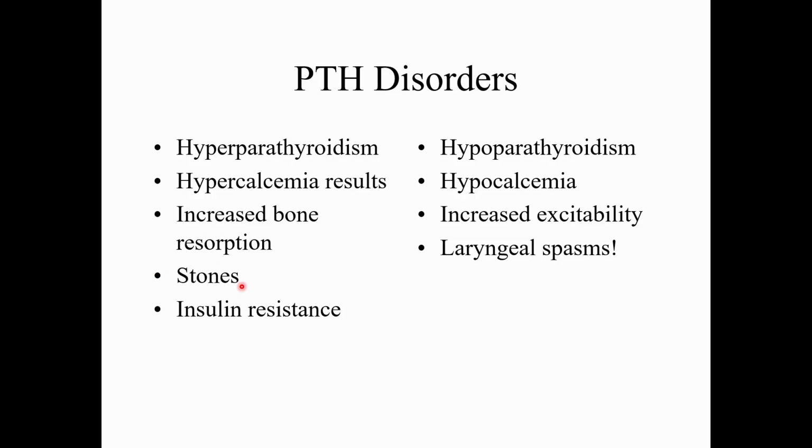That calcium exceeds a solubility product, and you form calcium phosphate stones in the kidney system, so kidney stones. I don't know what the mechanism is, but high levels of calcium also will contribute to insulin resistance.